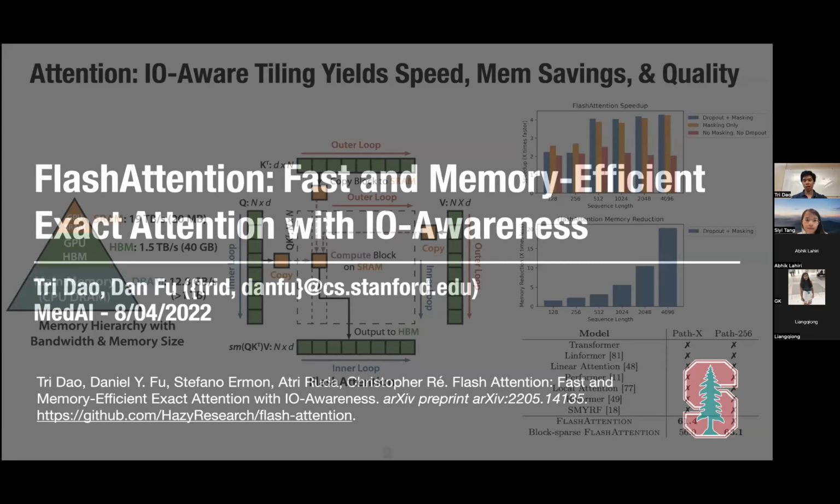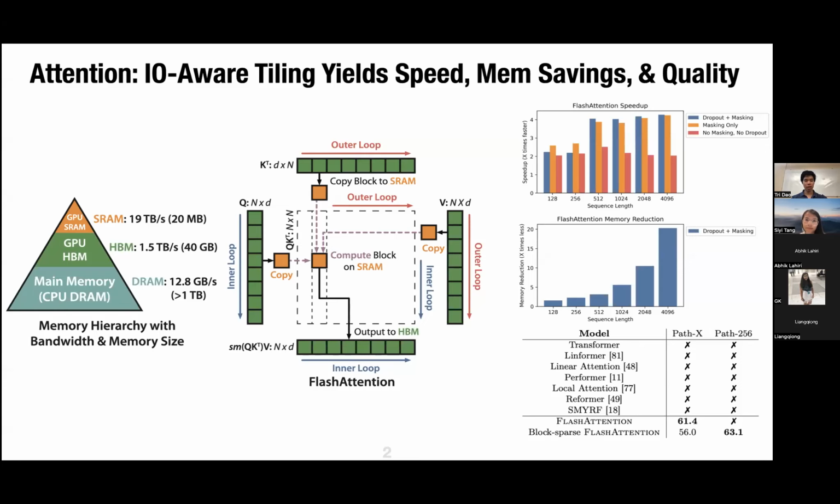All right, so let me talk a little bit more about the high level. We're going to use I/O aware tiling techniques to speed up attention. And attention is the heart of transformers, which is now the dominant machine learning architecture in many fields. So what does I/O aware mean? I/O just means in and out, reads and writes. On the left, I'm showing a diagram of GPU memory.